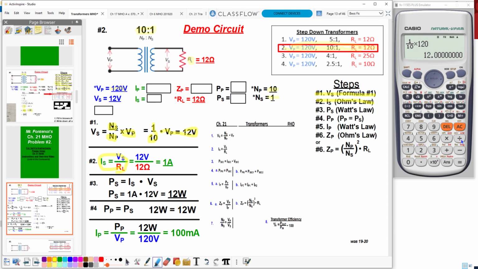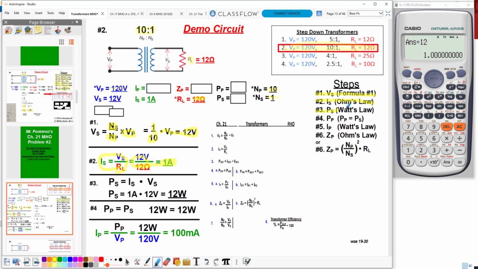And all I got to do is hit divide and then enter the resistance here of the load, which is 12 ohms. I had 12 volts, and I divide that by 12 ohms, and that gives me 1 amp. That is the current of my secondary. And you can see that right here.